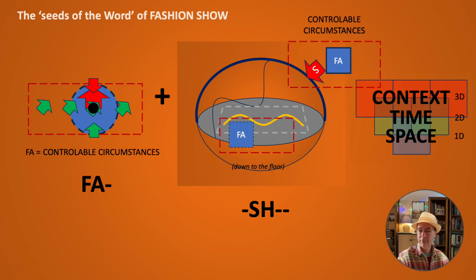Where can I have the fa? The problem with the f and the a, why I didn't have immediately a solution, is that the f and the a is about a direction in space, or a point in space that I found to be something I can control. But normally the a is in space. There are three categories: space, time, and context.